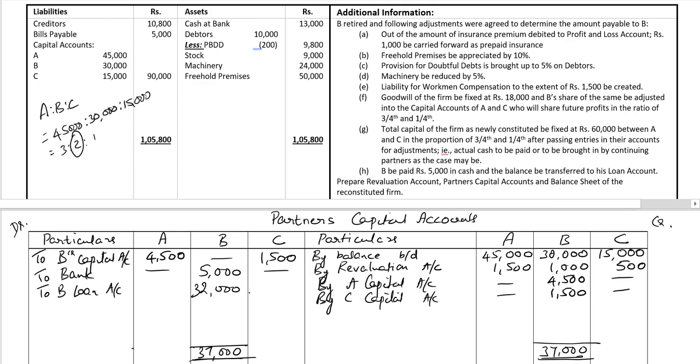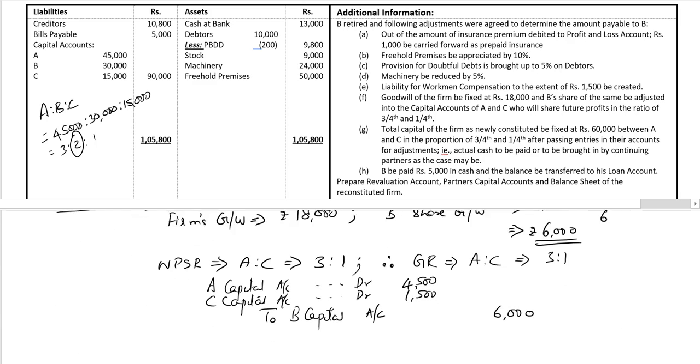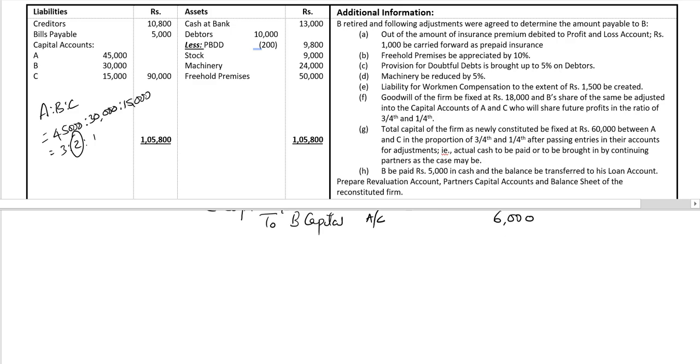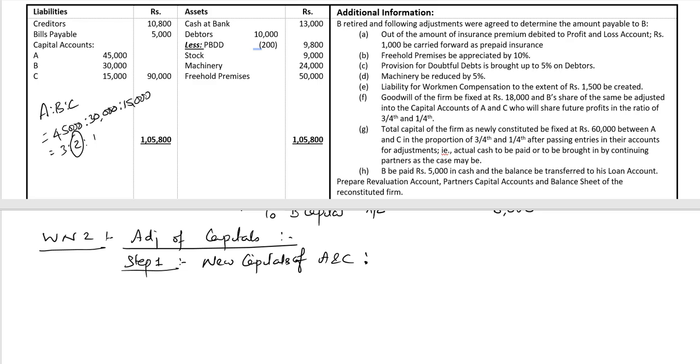Now let's go ahead with the adjustment of capital working note. Working note 2 is for the adjustment of capital. Step 1, we need to get the new capitals of A and C. As per point G, total capital of the new firm is 60,000 rupees, and to be in the NPSR 3:1.